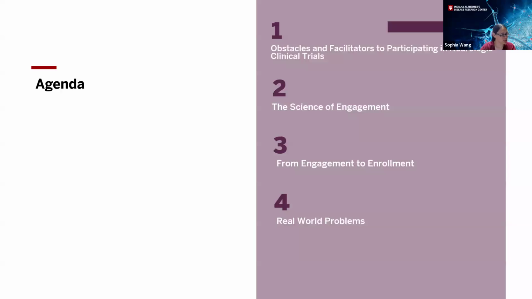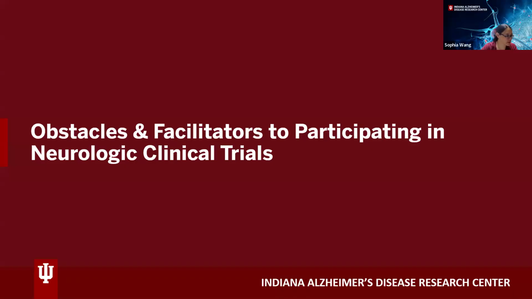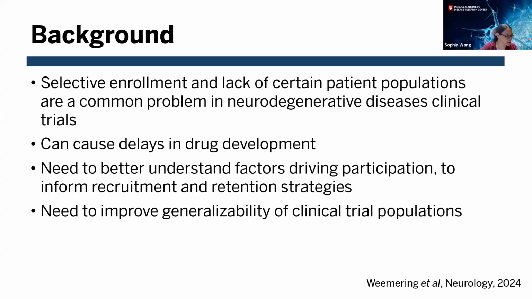But we are scientists, we are researchers, so we should understand this as scientists. Then, how do you take this from engagement to enrollment? And then I hope folks will chime in and have a more discussion-driven process for real-world problems. All right, so we're going to start off with obstacles here.